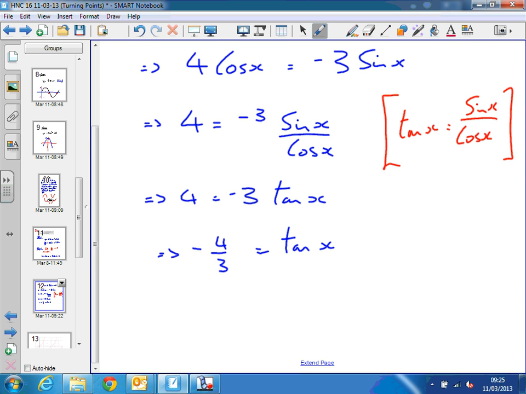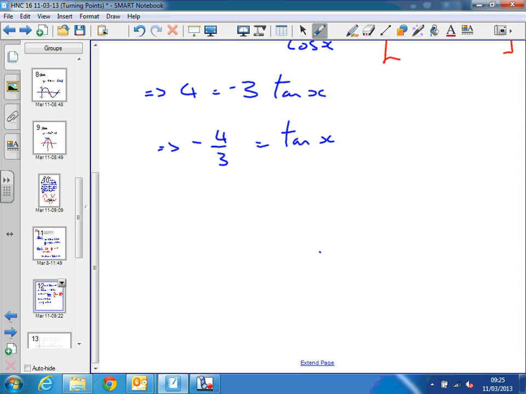And now x is the inverse tan of negative 4 over 3. So therefore x equals the inverse tan of negative 4 over 3. And it's going to give me the answer in radians. So I get the calculator out and do it, checking my calculator is in radians.